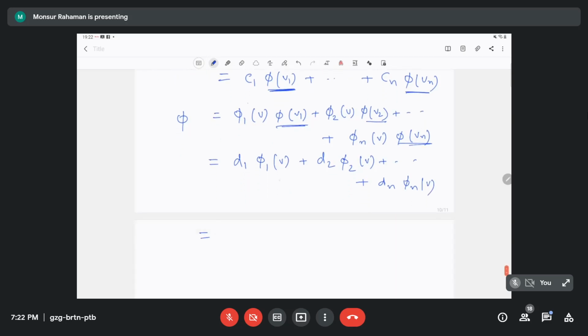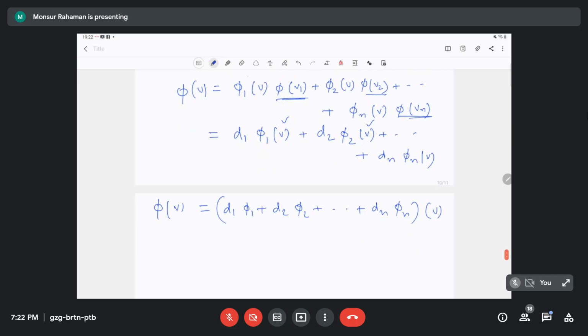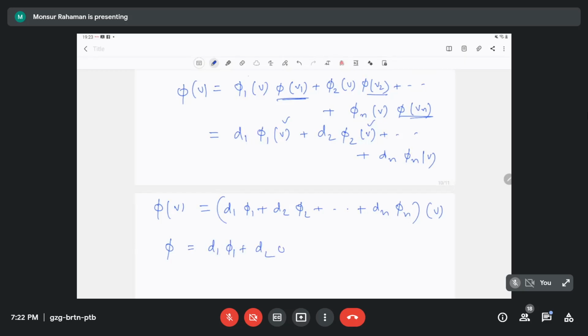Now I am taking v out, because v is common. So you can say d1 phi 1 plus d2 phi 2 plus dn phi n equals phi v, this v actually. So phi v is equal to this one, and this is equal for all v. So you can simply write phi is equal to d1 phi 1 plus d2 phi 2 and dn phi n.